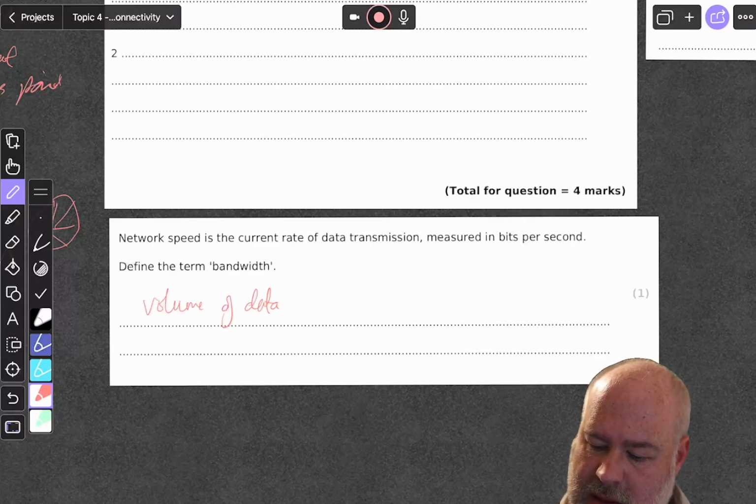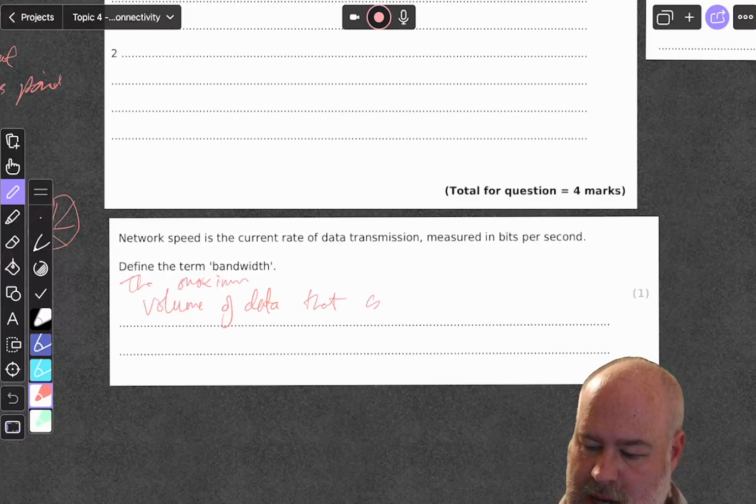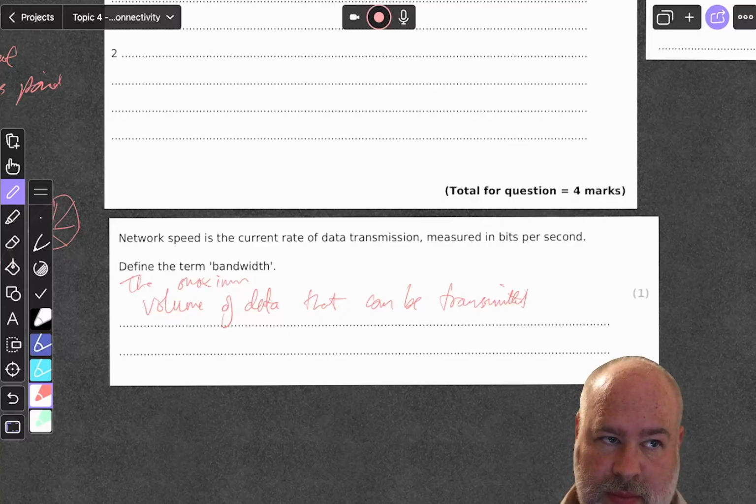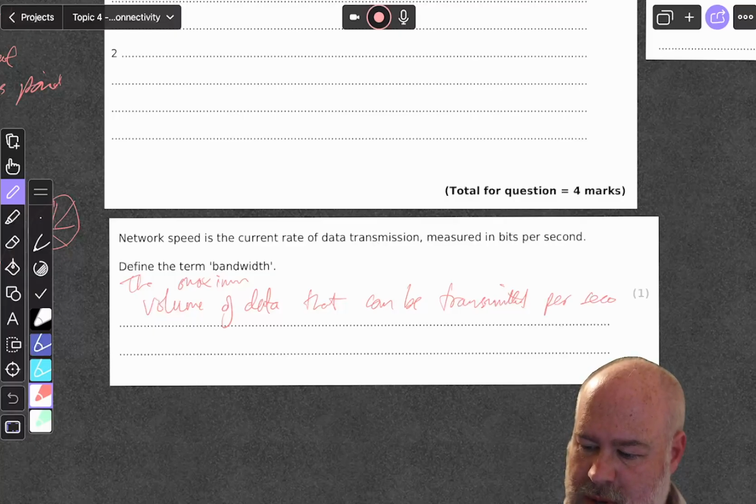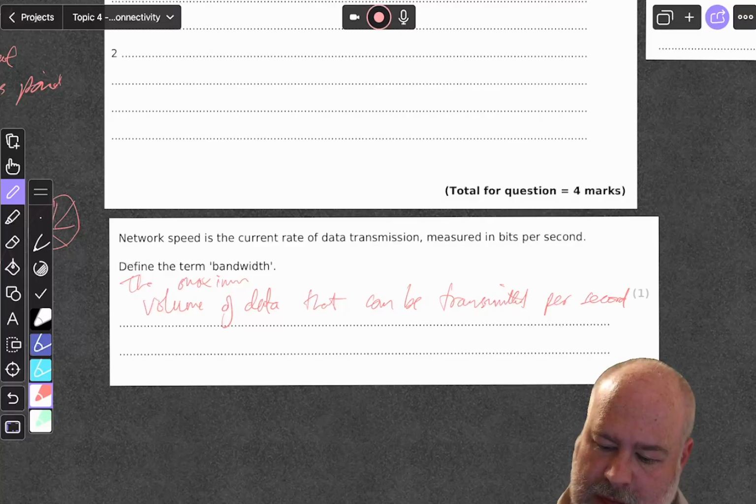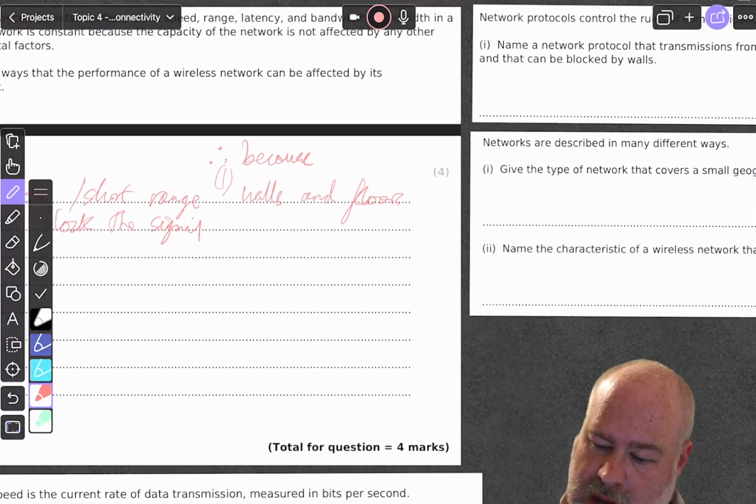So you can say the maximum volume of data that can be transmitted per second. It would be nice to have that in there. I think that would be enough. You could say full capacity. That would be another word you could use.